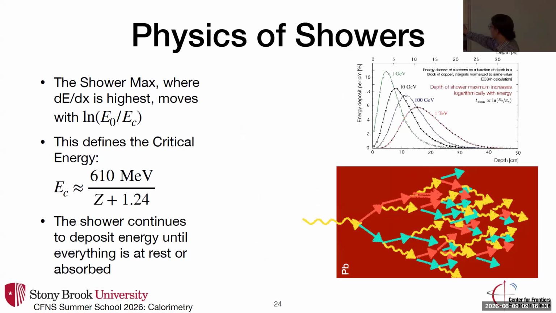So I just flipped it on its side because this plot is showing us the profile as we go deeper and deeper into our material. And as a function of energy, the energy deposited per centimeter, it peaks early, then later and later and later as we go. And that's moving what's called the shower maximum.